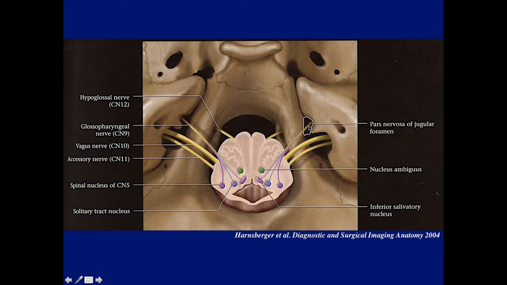The anterolateral is the pars nervosa, where the 9th nerve would go in there, and then the pars vascularis would be the 10th and 11th nerve, which go through that.